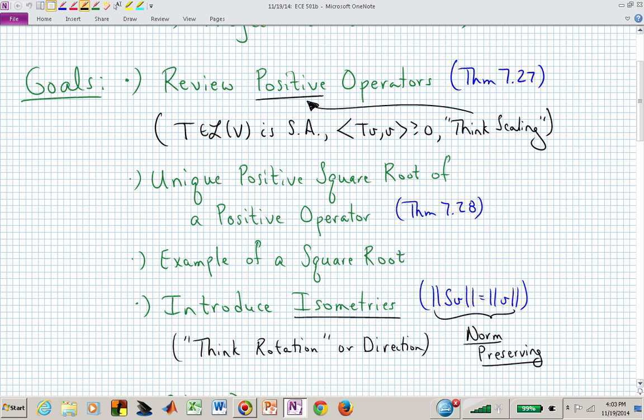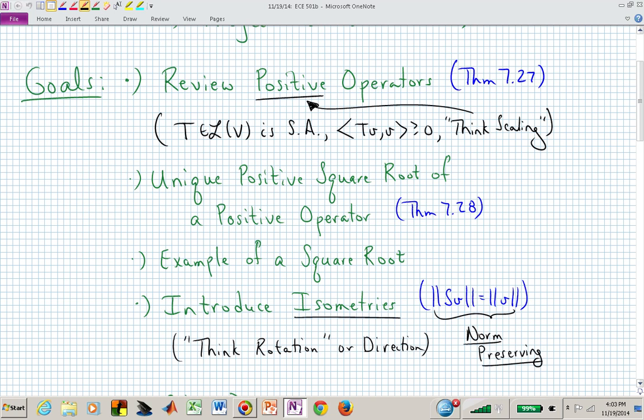When you hear isometry, you can think rotation, just like when you hear positive, you can think scaling. Now, where are we moving and how far are we going or shrinking in that direction that we rotated? So we're trying to break an operator down into these two pieces, a scaling piece and a direction piece.